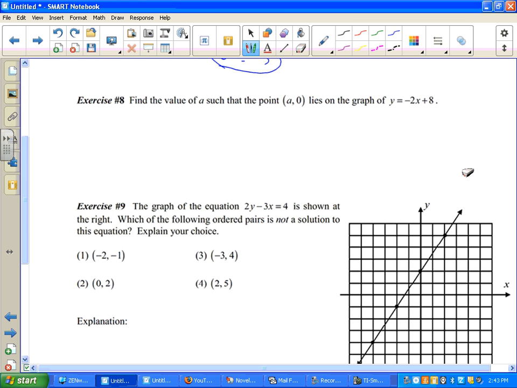So you write out the equation. 0 equals negative 2a plus 8. Subtract 8 on both sides.